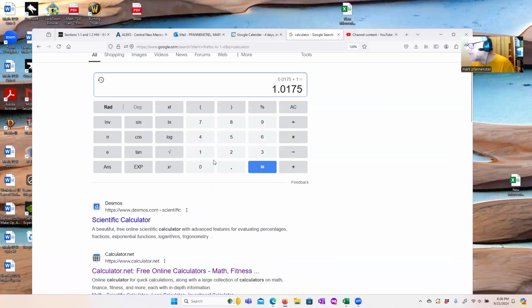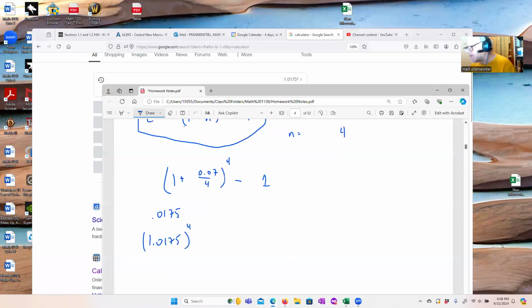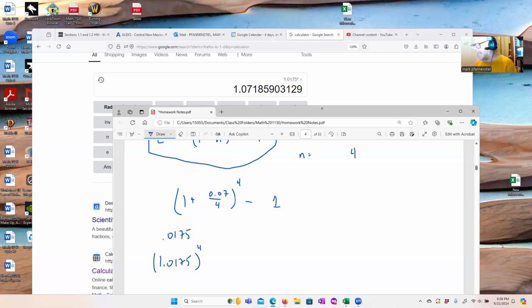So we'll go back here and we'll say y to the x, to the 4th power, right? Equals. And we were given 1.071859. And then we're going to subtract 1 from this.